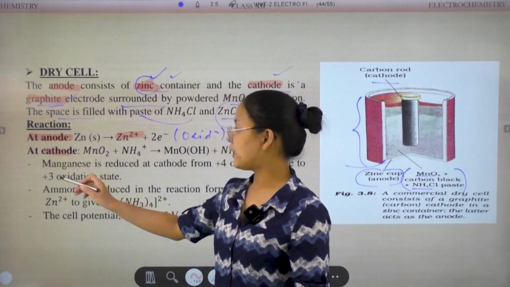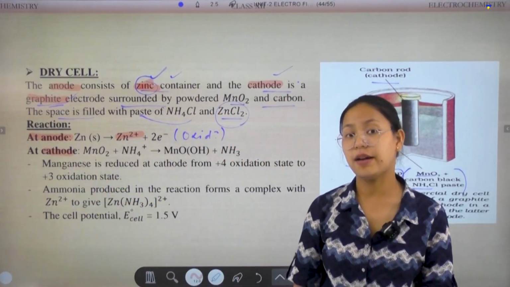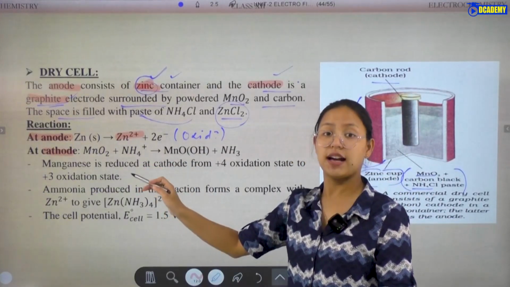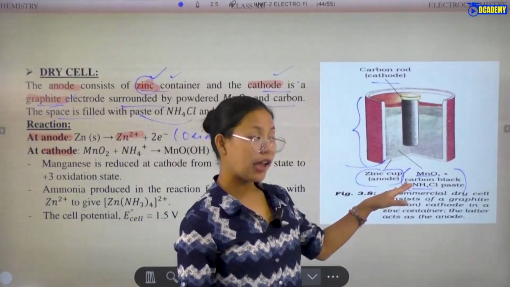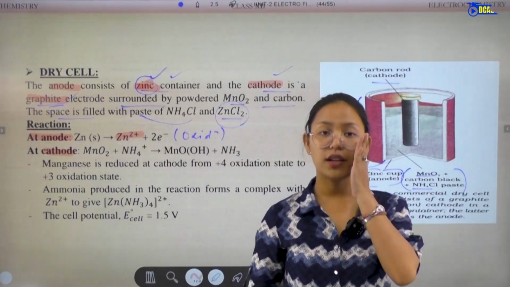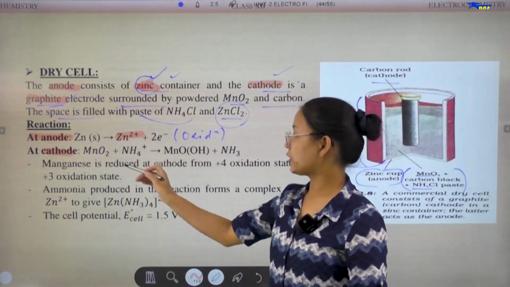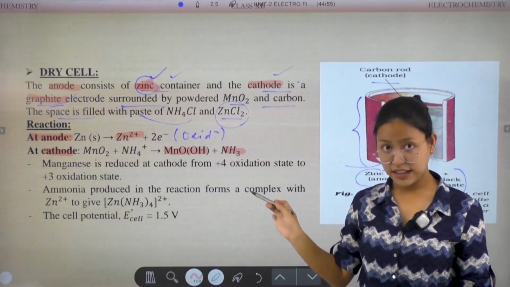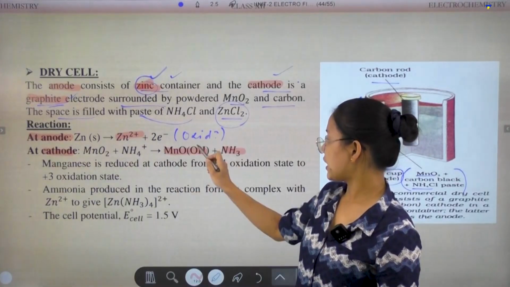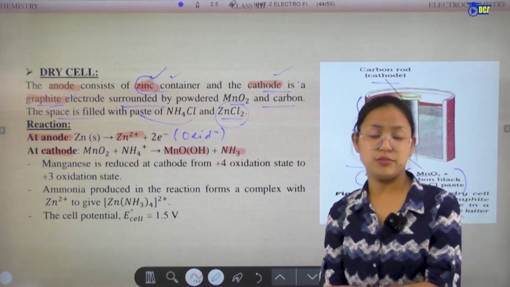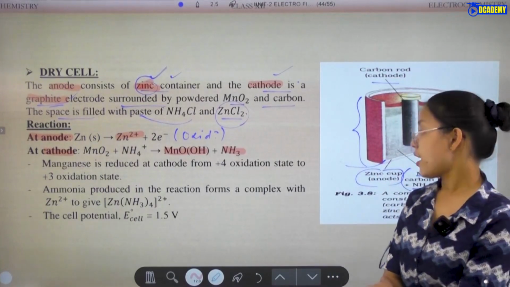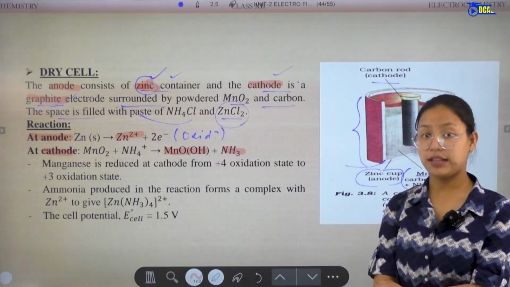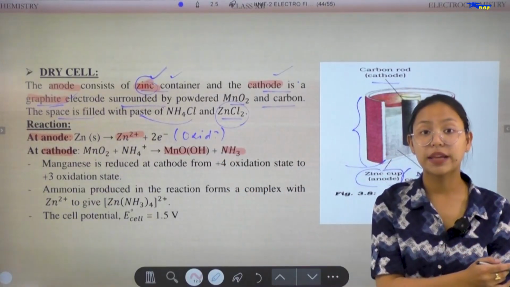Here at the cathode, manganese oxide is present, and the ammonium ion is present, from ammonium chloride. Ammonia is formed, and the manganese oxide forms MnOOH, manganese hydroxide oxide.